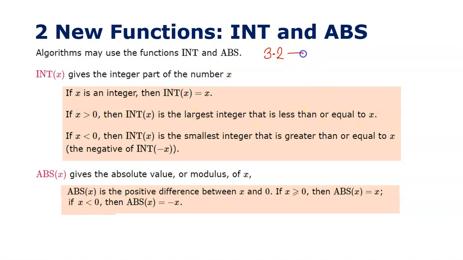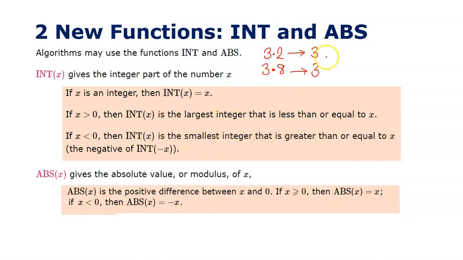So basically it rounds it down. So that becomes 3. And bear in mind, if I had 3.8, it would still round it down to 3. It doesn't round to the nearest like maybe we would round an integer. It just rounds it down. But it does say, by the way, if x is less than 0, then int x is the smallest integer that is greater than or equal to x.